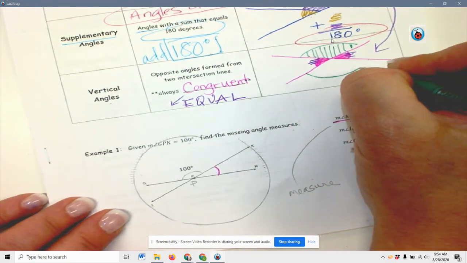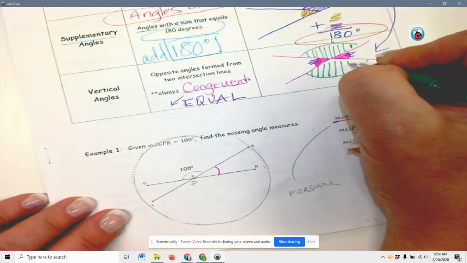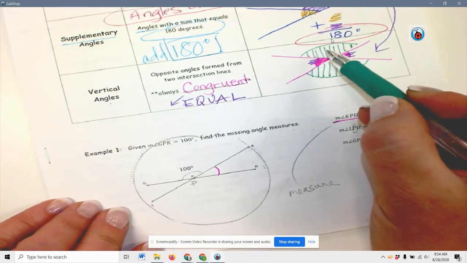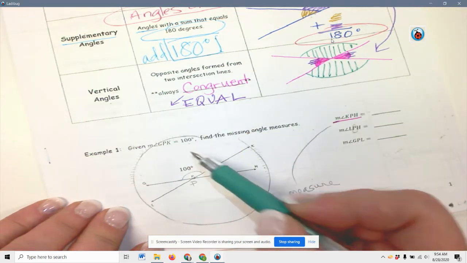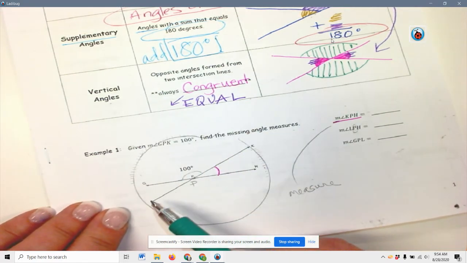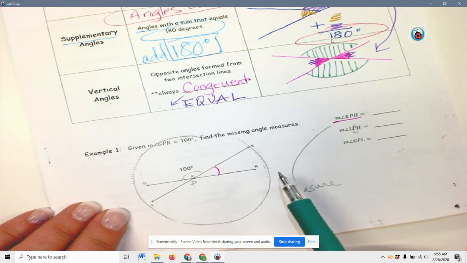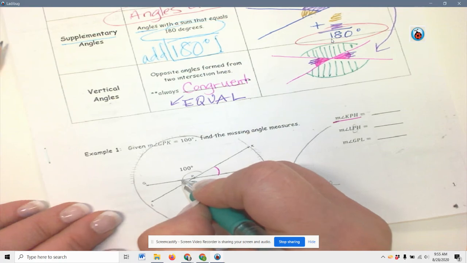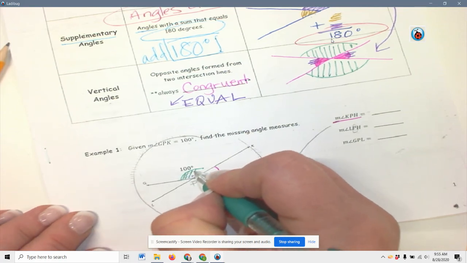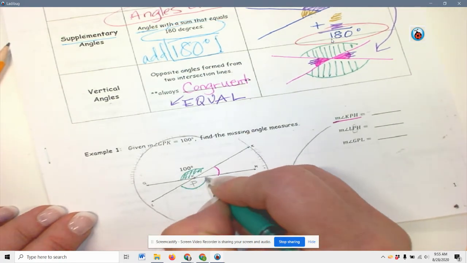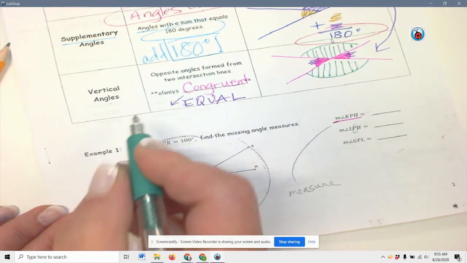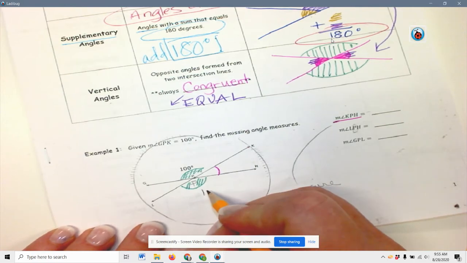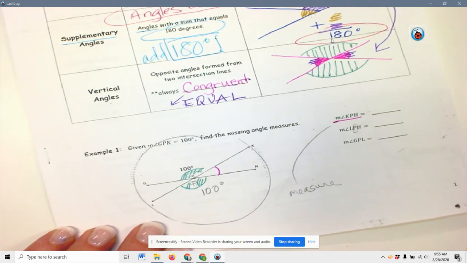Here's the one opposite that big angle, and they also are equal or congruent. And if you look at this picture, then you look at this picture, they look a lot alike, don't they? There's two lines that cross. Here, this big angle is 100 degrees. So if this big angle is 100 degrees, then we know this big angle opposite, which is its vertical angle, is also 100 degrees. So we always want to just write that in when we know that.